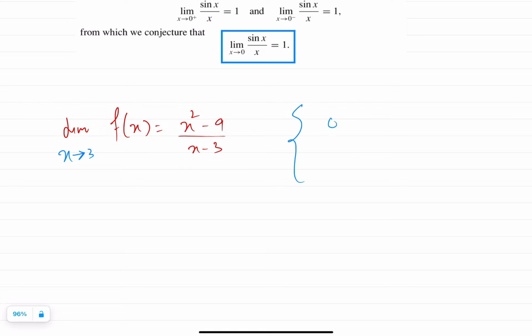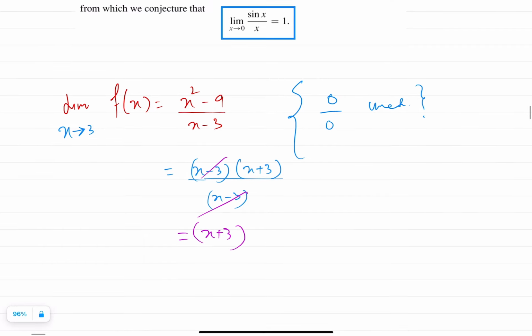At 3 it becomes 0 by 0, which is undefined. If we simplify it, it can be written as (x minus 3)(x plus 3) divided by (x minus 3). We can cancel it and we get x plus 3. Now you can evaluate the function at x equal to 3: 3 plus 3, that is 6.